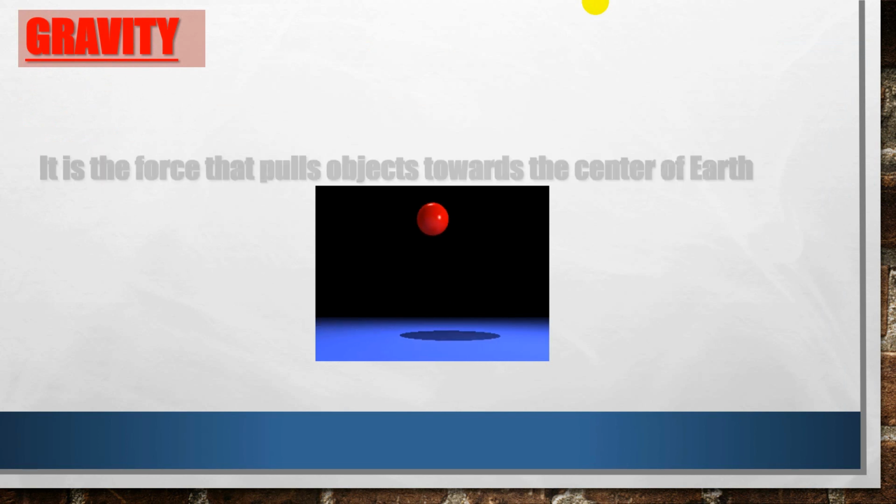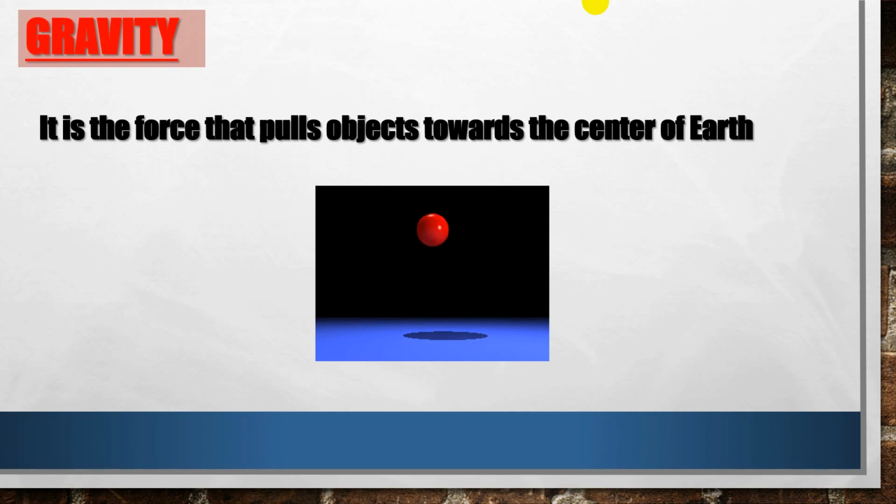Gravity is a kind of force that pulls objects toward the center of Earth. So the reason why we cannot fly is this gravity. This gravity attracts us to the center of Earth, pulls us to the center of Earth, forces us to stay on the land or ground.